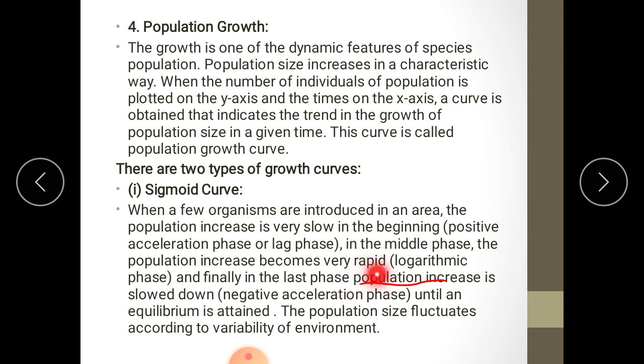This is called log phase. And finally, in the last phase, population increase slows down, and this is called negative acceleration phase, until an equilibrium is attained. The population size fluctuates according to variability of environment.